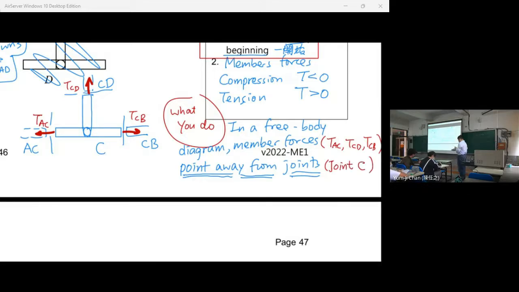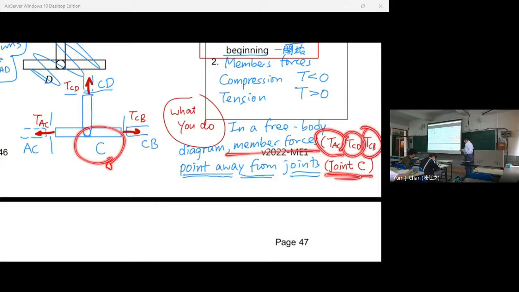For example, in this diagram we are talking about joint C. So the member forces, which are TAC, TCB, and TCD, these three should be away from the joint.